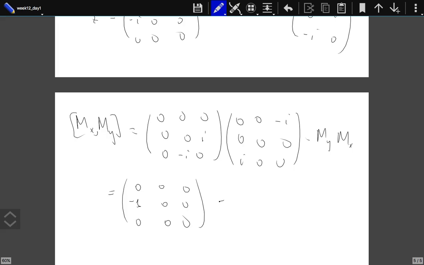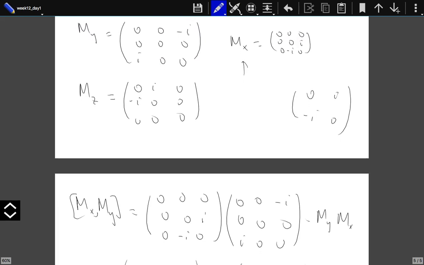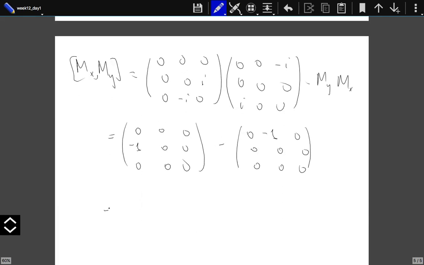If you remember, we had Sx, which was h bar over 2 times plus minus, plus minus plus, Sz, which was h bar over 2 times plus plus, minus minus minus, and Sy, well, let me check the signs.